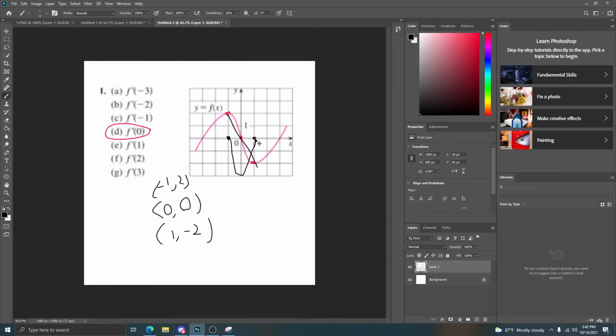And so knowing this, we just have to calculate the slope, and I'm pretty sure the slope is going to be the same between these. We just have to calculate the slope between these 3 points. We start here, we go down 2, we go over 1, so it should be -2, and then here we go down 2, we go over 1, this is also -2.